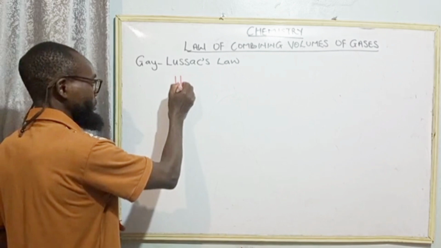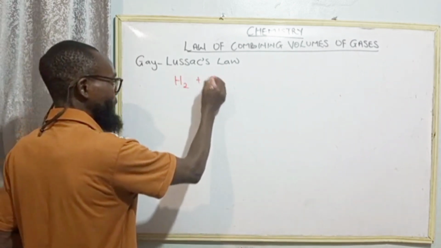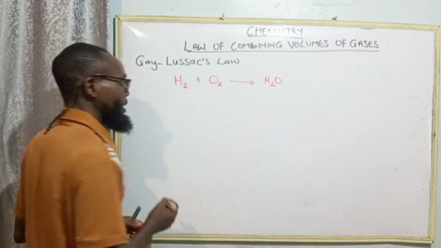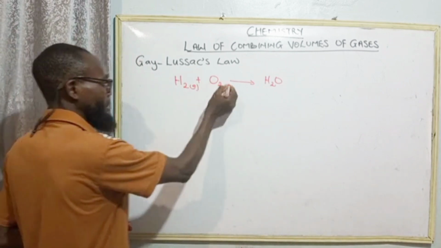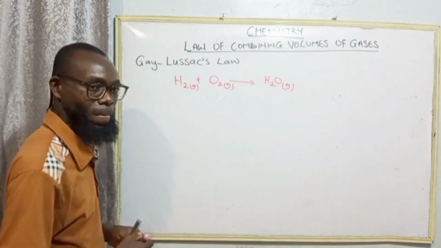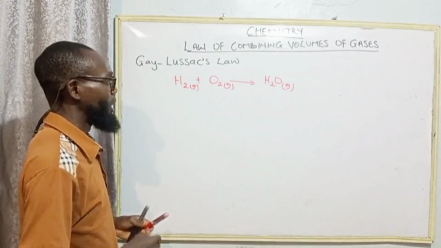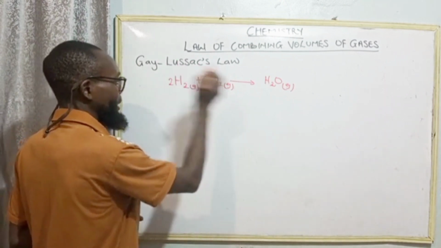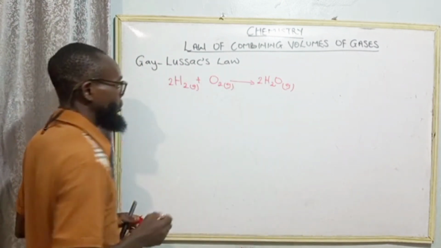Hydrogen reacting with oxygen to give water. Now, hydrogen gas and oxygen gas give gaseous water. So, if I put 2 here, then I put 2 here. Look at this.